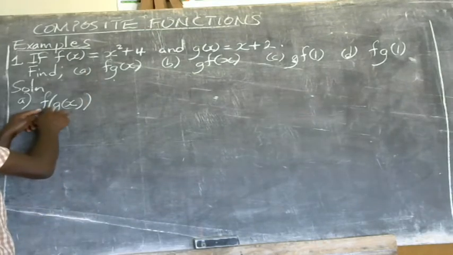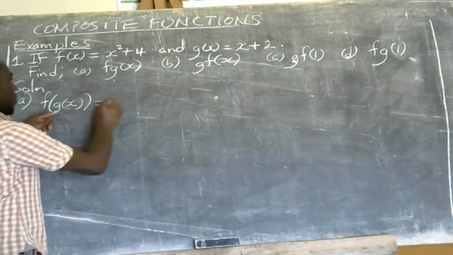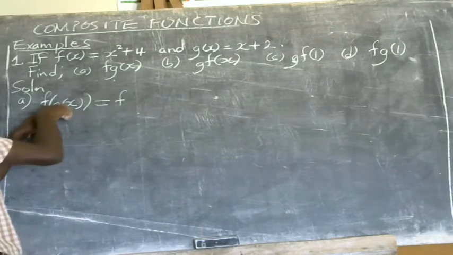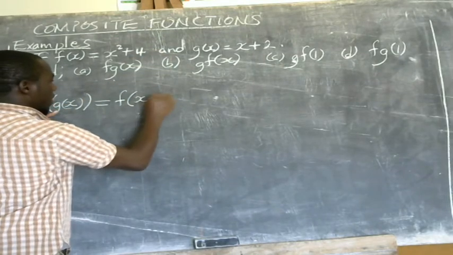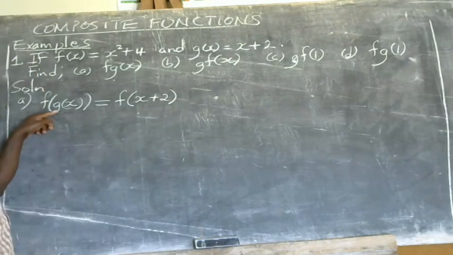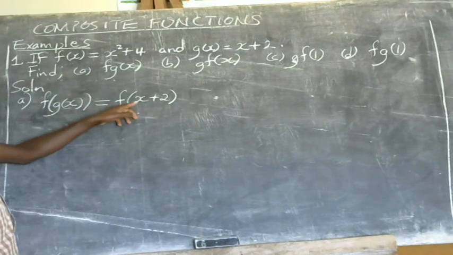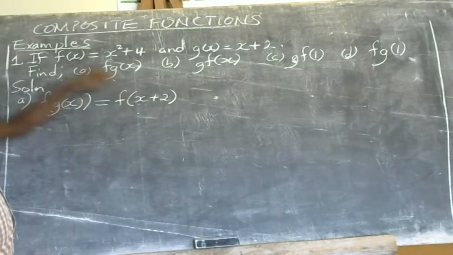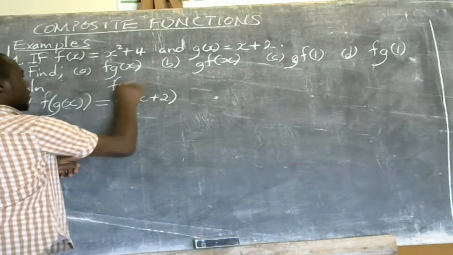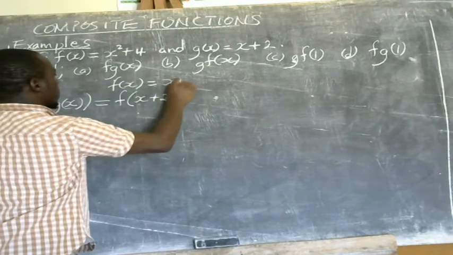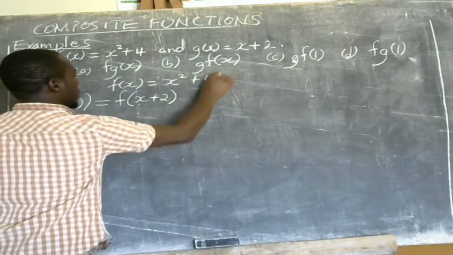So for my f of g of x, I'm going to first ask myself, what is my g of x? My g of x is x plus 2, right? So I'm going to substitute this where there is x in my f of x. My f of x was given as x squared plus 4.